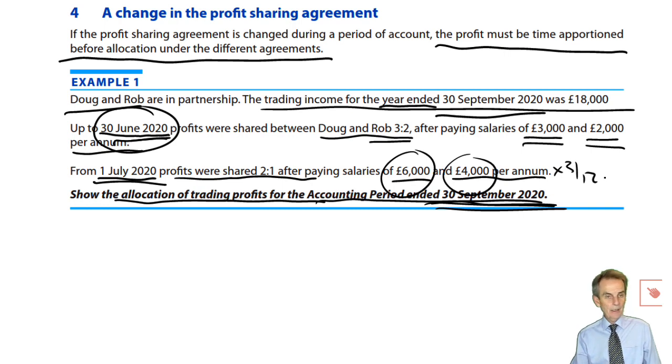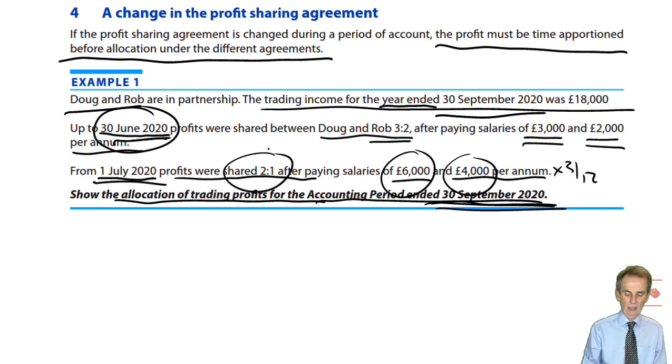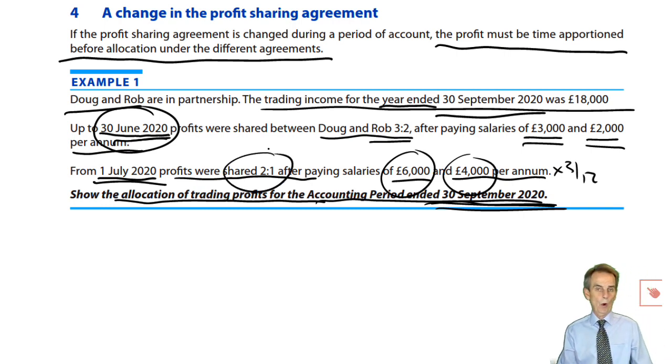Once we've got those figures, whatever profit remains will be split in the revised PSR of 2-to-1. Okay, time for you to exercise those skills that we saw illustrated with the previous example. I've given you the time apportionments for this example, 9/12 and 3/12. Over to you guys.